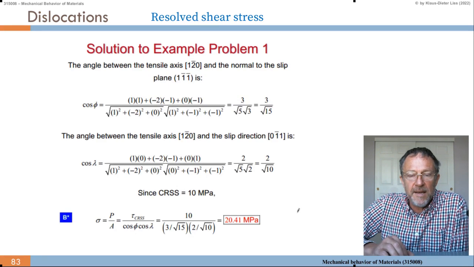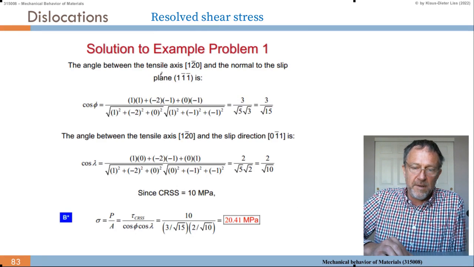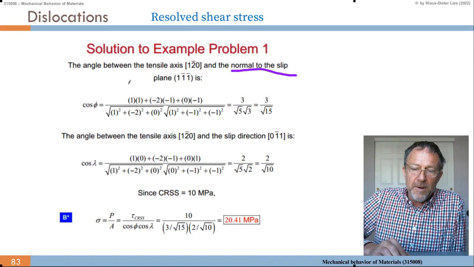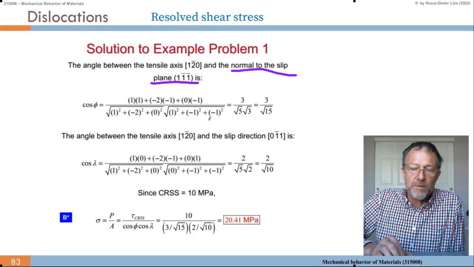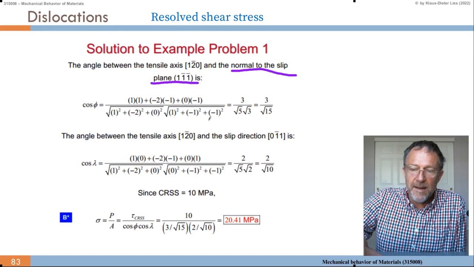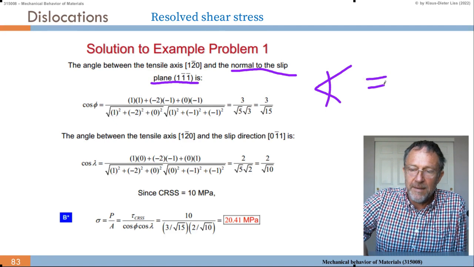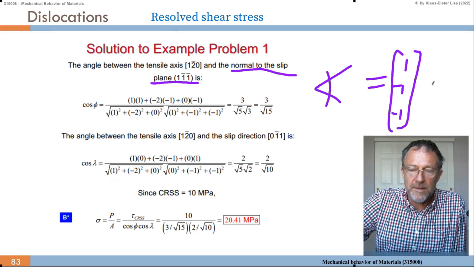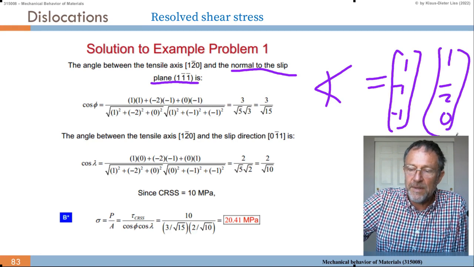To calculate the angles, we have the normal of the slip plane, 1, 1, 1, and you know the angle is given by the dot product. The angle is the dot product of 1, 1, 1 with 1 minus 2, 0, divided by the lengths of the two.